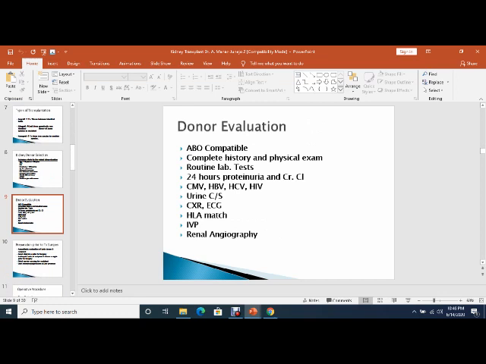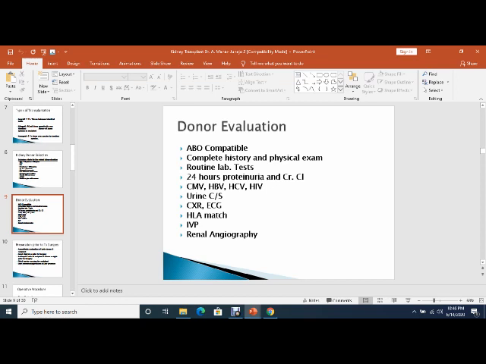Regarding donor evaluation, how do you evaluate the donor? History is very important: what is the age of the patient, the sex, weight, obesity, history of diabetes, history of hypertension. We should rule out from the history malignancy or recurrent infections.